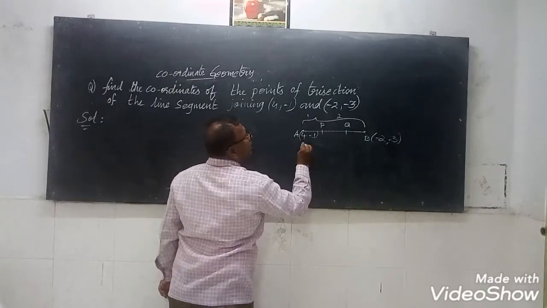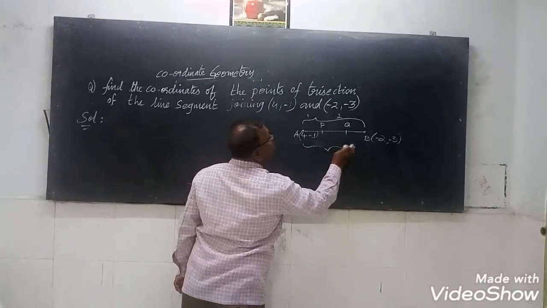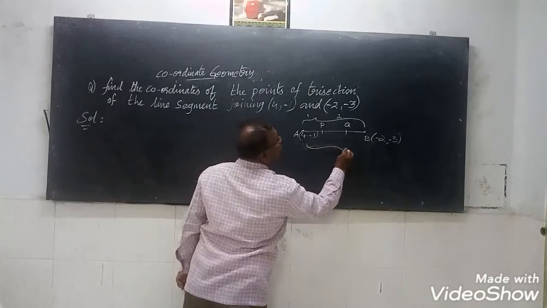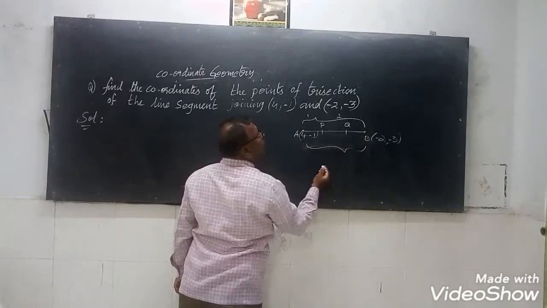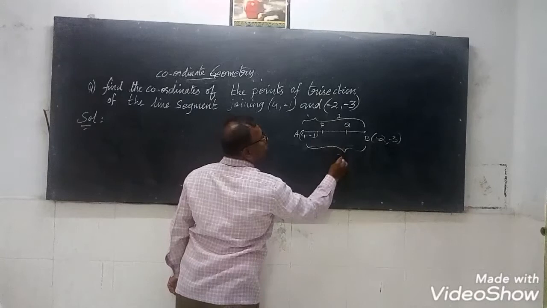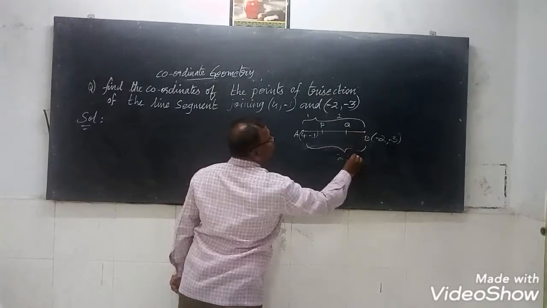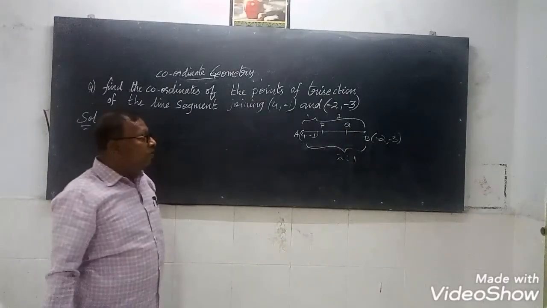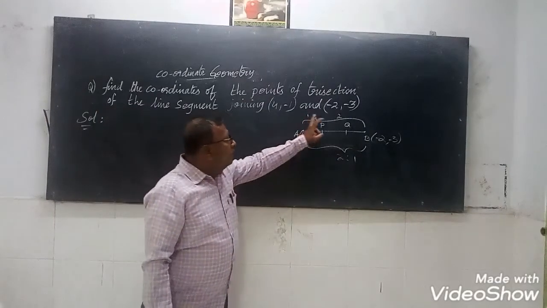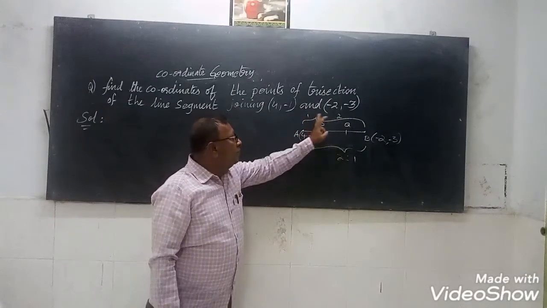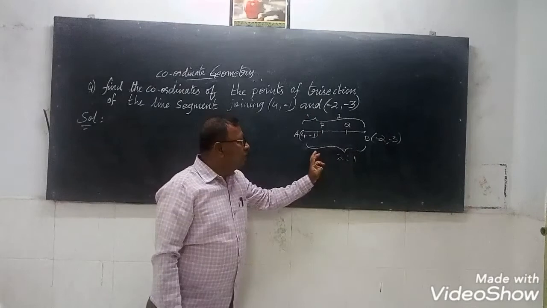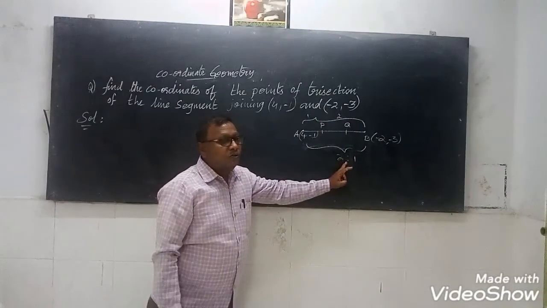Again, if we consider this point Q, it divides AB in the ratio 1 plus 1, 2 is to this part 1, that is 2:1. Now M1 is to M2 for P is 1:2, and for Q, M1 is to M2 is 2:1.